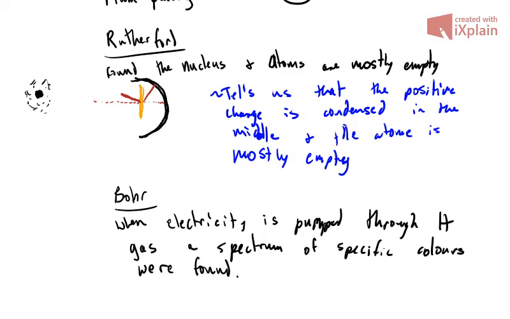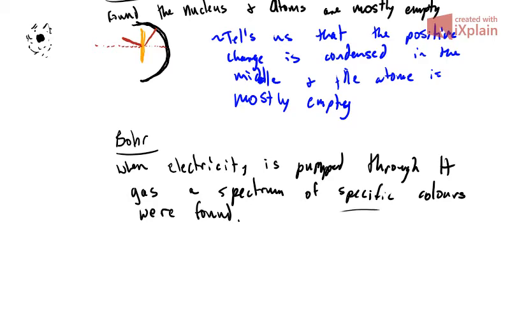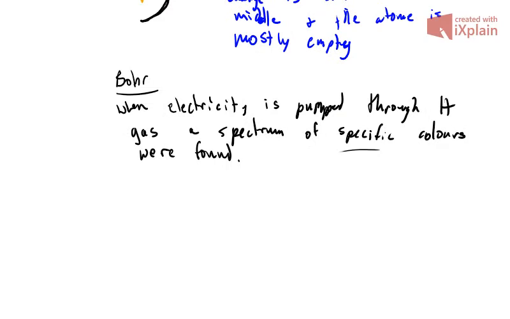The specific part is important. This tells us that the electrons are in specific energy levels.